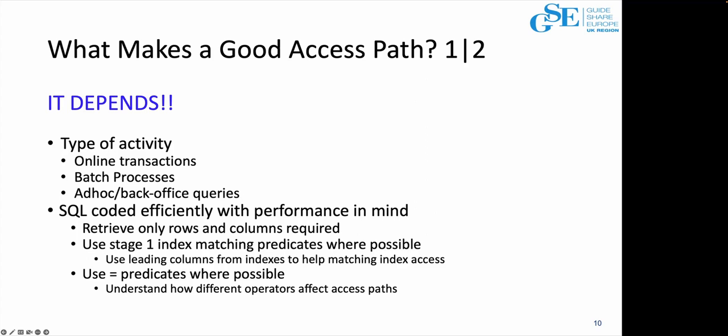I'll be talking more about predicates a bit later, but where possible, use stage 1 index matching predicates and use leading columns from the indexes to help matching index access. Equals predicates are the best, but it's often not possible to use equals or IN in your SQL. So it's important to understand how the different operators affect access paths.